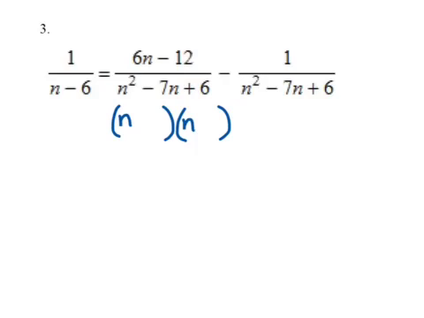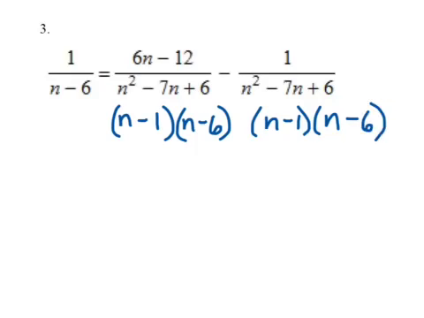That would be a negative 1 and a negative 6. So let's also factor our n squared minus 7n plus 6 on this right fraction. And we end up with n minus 1 times n minus 6.